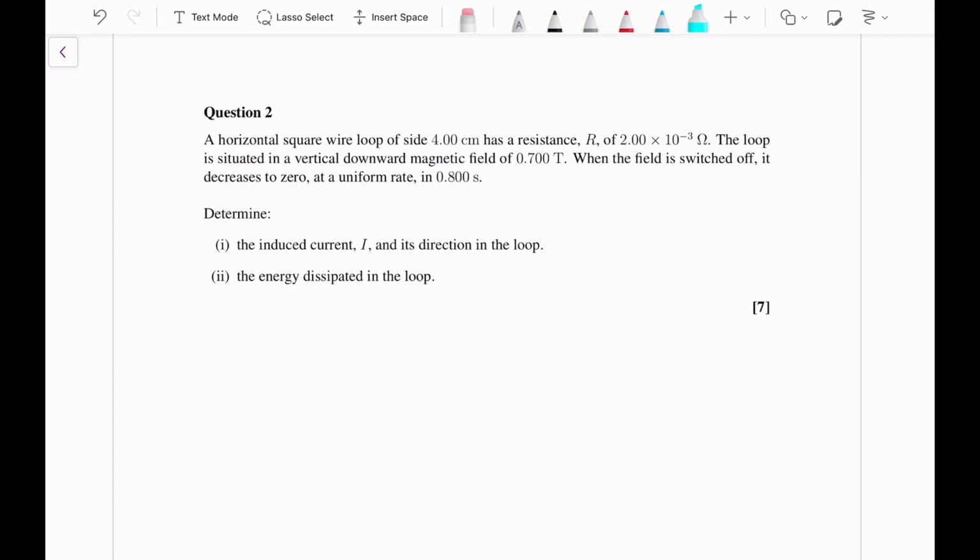Okay, and then it wants to determine the induced current I and its direction in the loop.